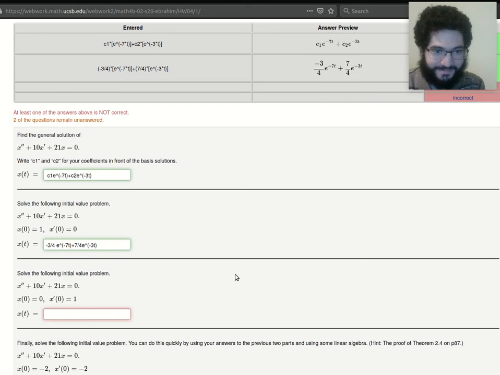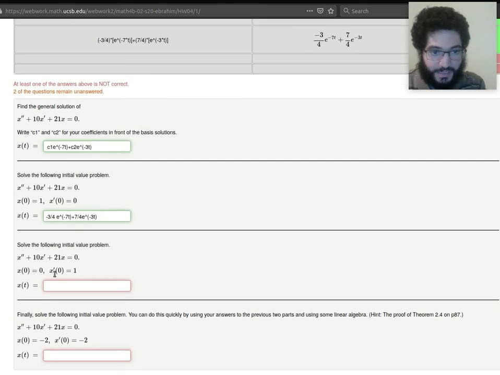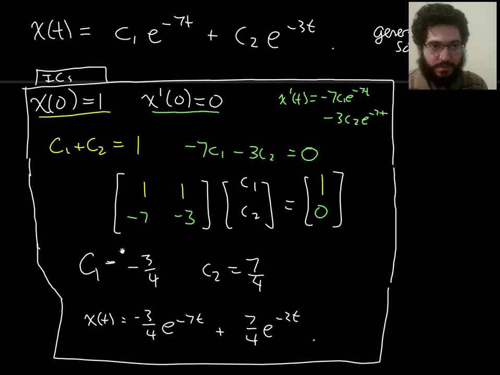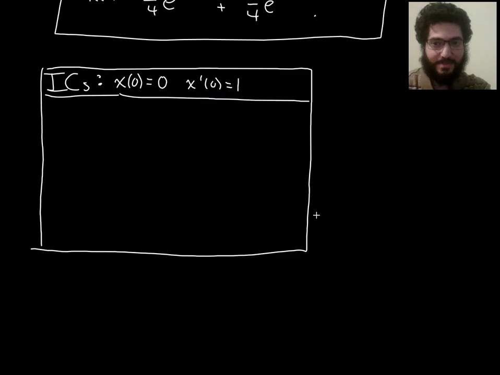Yay. Okay. So then you're asked to solve another initial value problem. And this one I will do more quickly, or at least it'll look like I'm doing it more quickly with the power of pausing recordings. Okay, so here are our initial conditions. X of 0 equals 0, x prime of 0 equals 1.